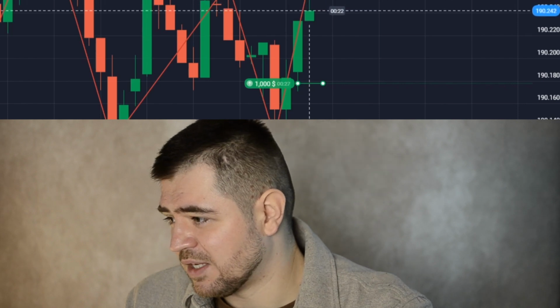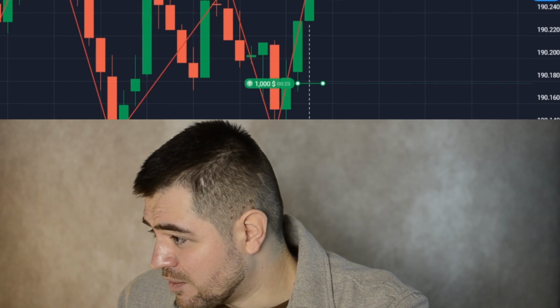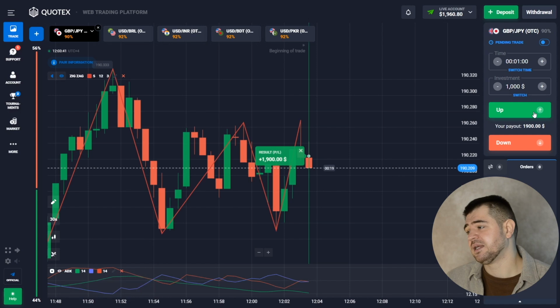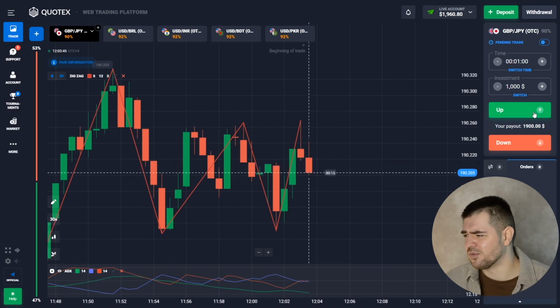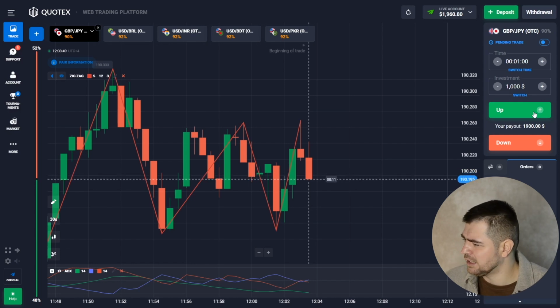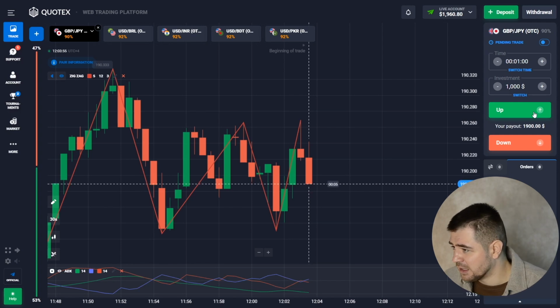This 1 minute time frame is not too bad. In general it's not looking too hot for a long right now. It's actually looking more bearish to me. Okay, well, at least we made a nice profit there.